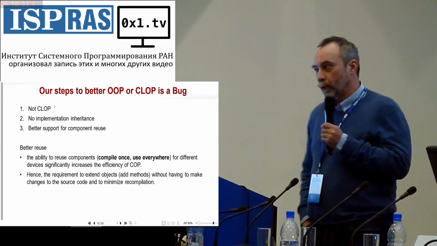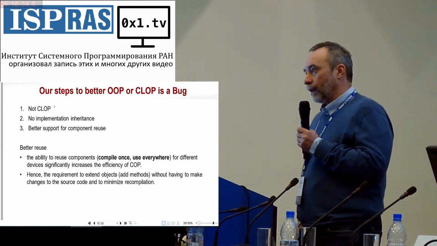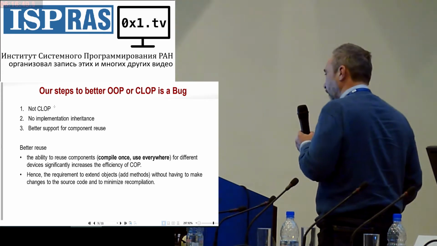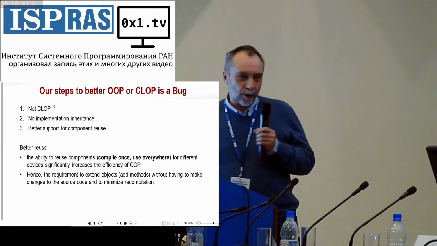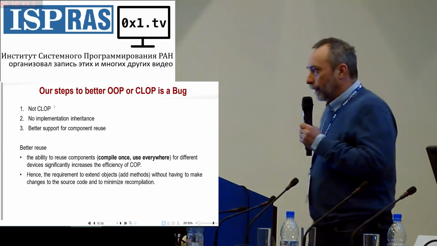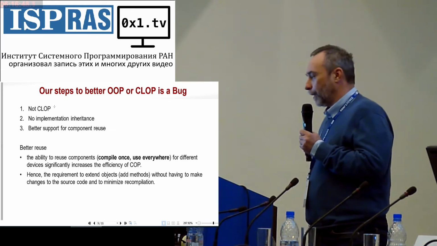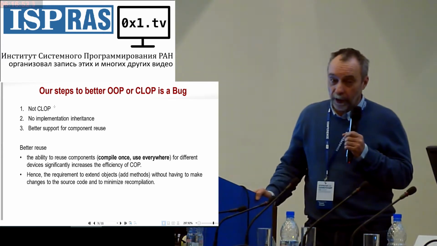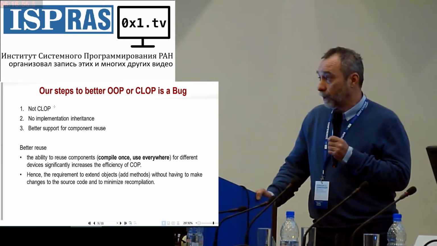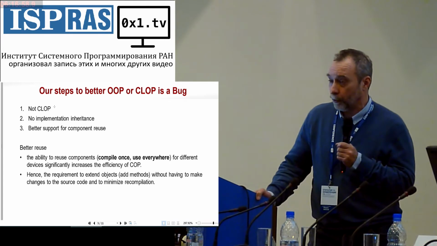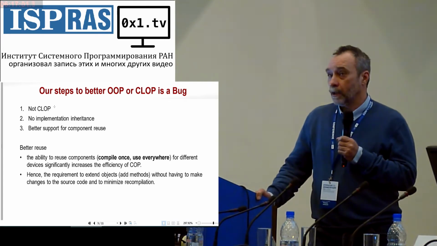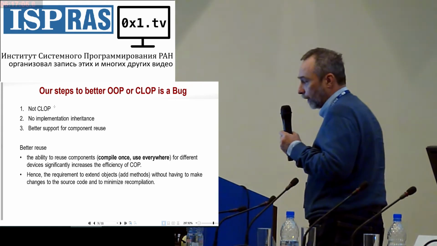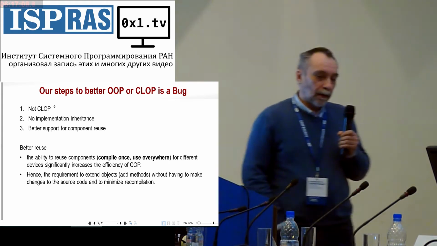The second thing is no implementation inheritance. I will not again be explaining why it should not be here. And the third point is that we need to provide better support for component reuse, for reuse on different devices and platforms.